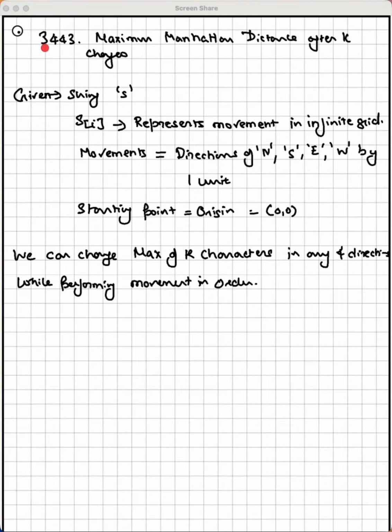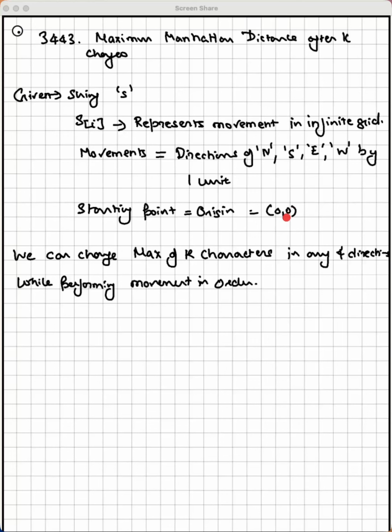Today we are looking at Leetcode problem number 3443, maximum Manhattan distance after k changes. In this problem, we are given a string S, and S of I represents one of the four directions that you can take, and you move in this direction by 1 unit.